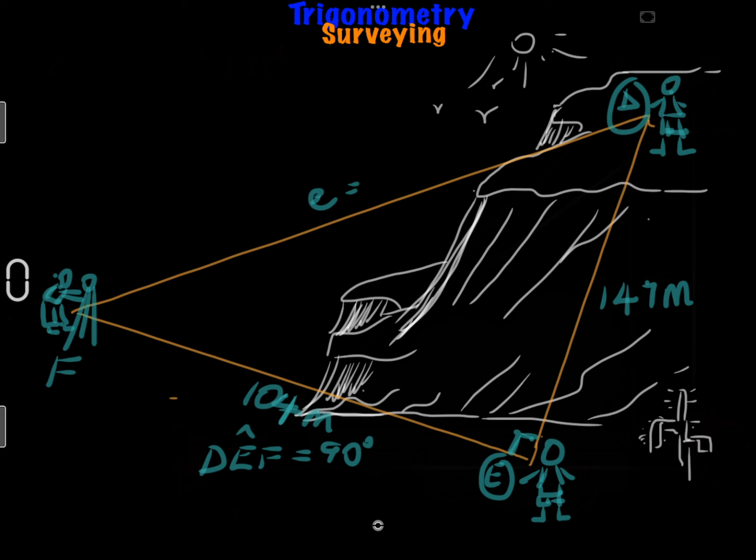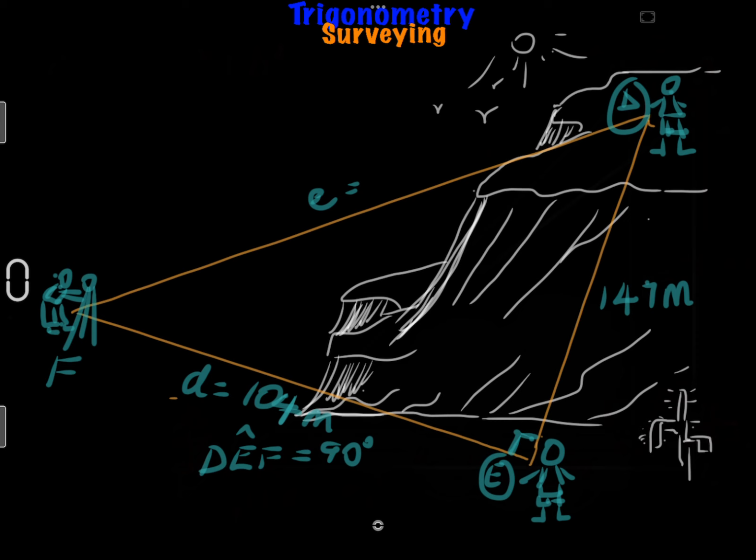I'll call this e because it's opposite our angle E. So now to use Pythagoras once again, we need to annotate: opposite angle D, we have side d.